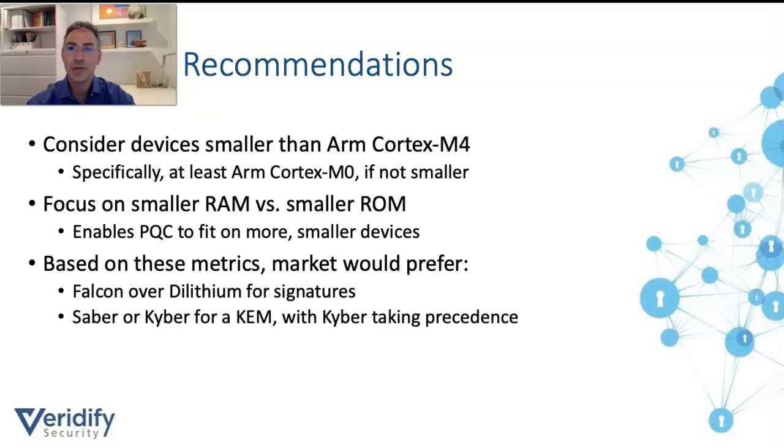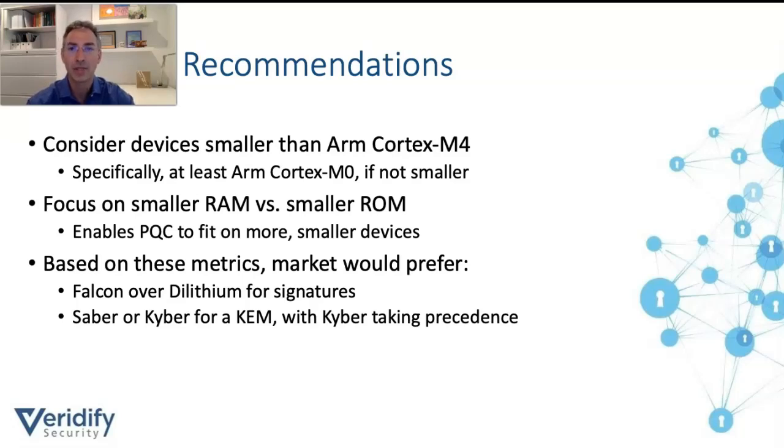The other major recommendation I would suggest is that you focus on smaller RAM versus smaller ROM. So when comparing methods, something that has less RAM usage, even if it has more code size, should be picked, in my opinion. This will enable post-quantum cryptography to fit on more smaller devices because RAM is growing slower than ROM. So based on these metrics and conditions, I think the market would prefer Falcon over Dilithium for signatures.